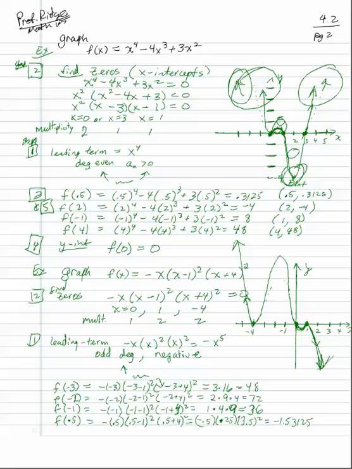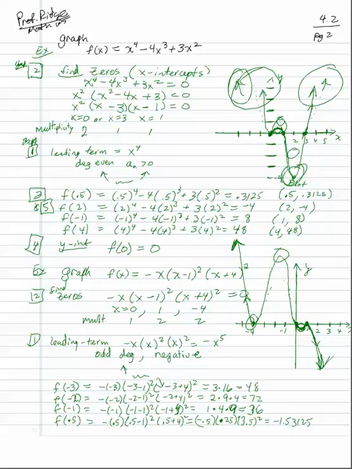Okay, so anyway, again, the main idea I want you to get, right, so this is degree 5, so we have 1, 2, 3, 4 turning points, because there's a hump there, so 5 minus 1 is 4. It has 1, 2, 3 x-intercepts, because again, it can have at most 5.